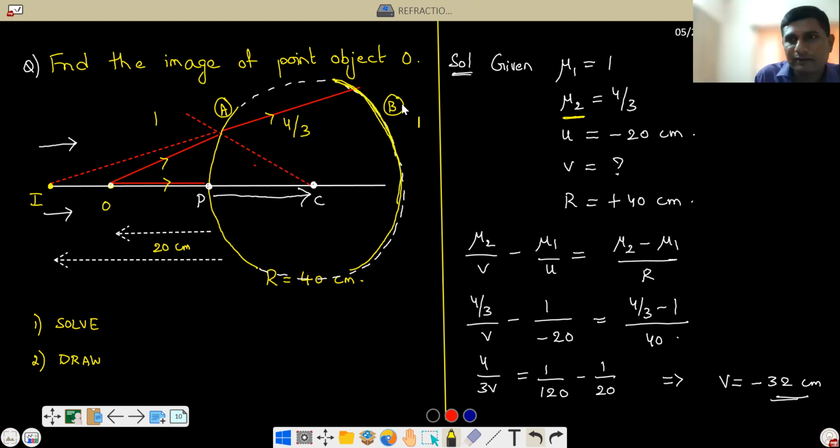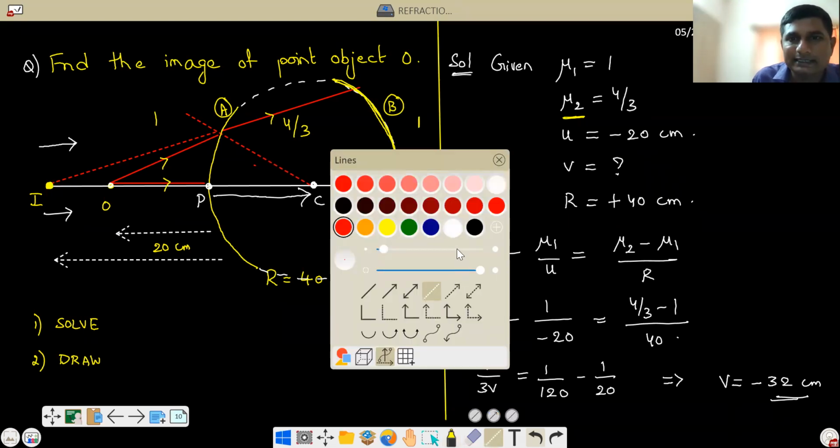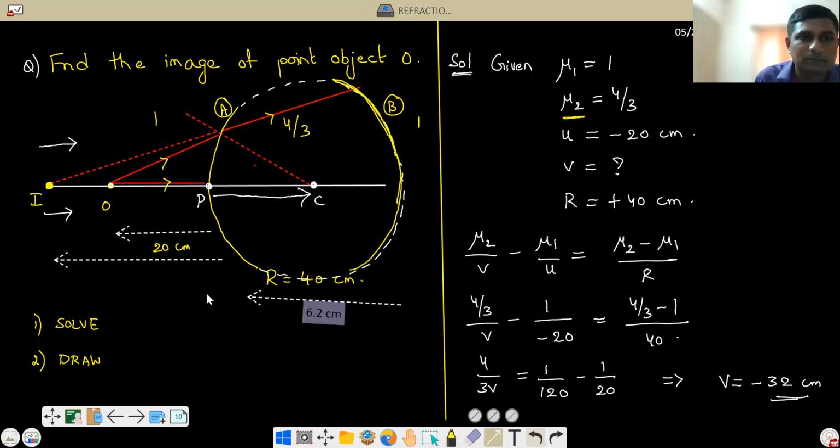Incident ray for this second surface B. Now this surface will see this ray coming from where? Coming from I, correct or not? So for this surface, this is called the object distance.